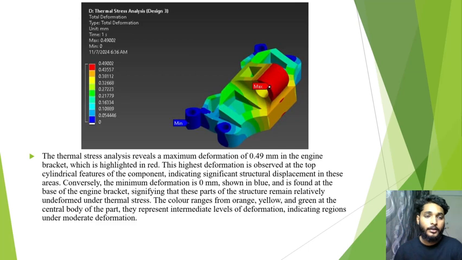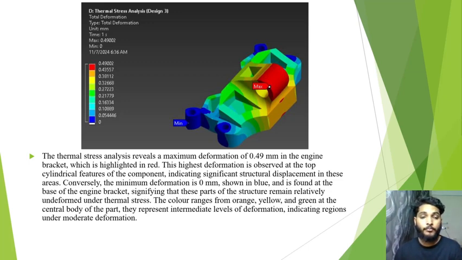Next is the thermal deformation analysis. It reveals a maximum deformation of 0.49 mm in the engine bracket, which is highlighted in red. The highest deformation is observed at the top cylindrical features of the component, indicating significant structural displacement in these areas.